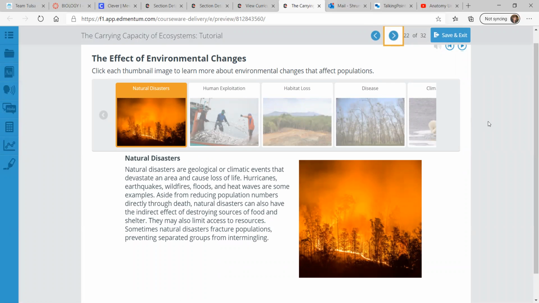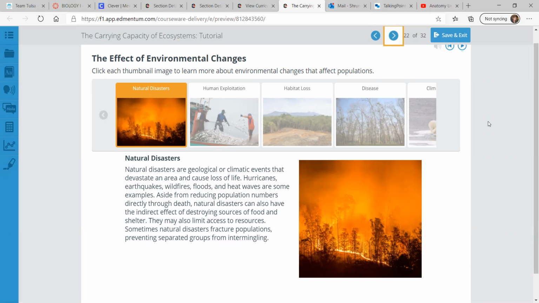So here we can look at the effect of environmental changes, natural disasters. These are big geological or climatic events that devastate an area and cause a loss of life, like the California fires or the Australian fires that recently took place, or the hurricanes that came this year.